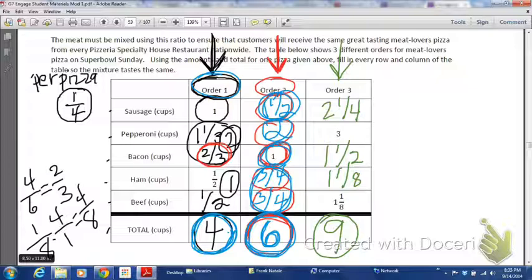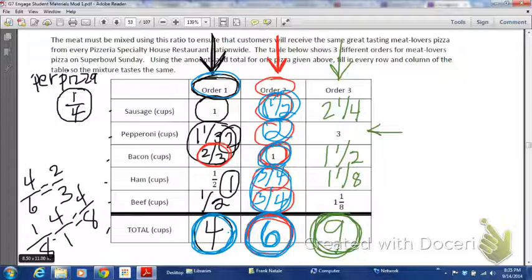Okay, so here are the answers to order 3. I just chose 3 because it was easy to work with. I knew that if each pizza had 1/3 of a cup of pepperoni, then 9 pizzas would have 3 cups. So I knew that I had 9 total pizzas, and I applied that.